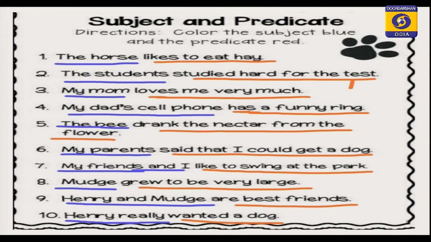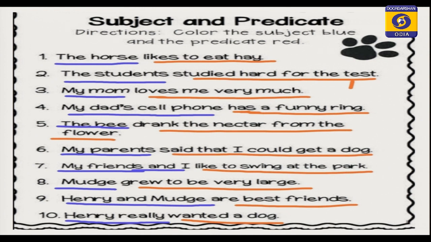The students is the subject, studied hard for the test is the predicate. My mom is the subject, loves me very much is the predicate. My dad's cell phone is the subject, has a funny ring is the predicate. The bee is the subject, drank the nectar from the flower is the predicate.